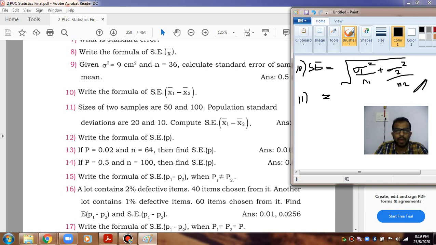n1 is 50, n2 is 100. Sigma 1 is 20, sigma 2 is 10. Simplify and tell me the answer, students. Square root of 20 square by 50 plus 10 square by 100.